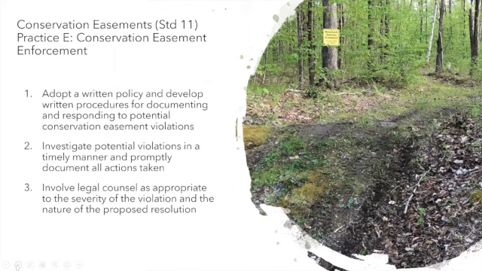Conservation easement enforcement is something that you do when monitoring has uncovered a breach or a violation of the easement agreement. The topic itself can be really case specific. We could go over all kinds of different scenarios. What I think is important for a board to know is that each and every violation does need to be addressed, right?